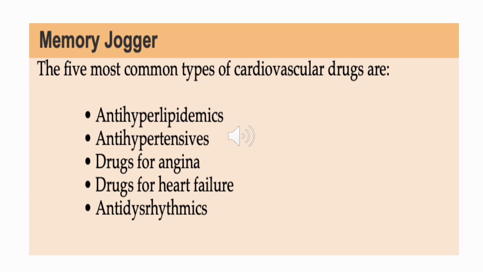The cardiovascular drug groups discussed in this chapter include cholesterol-lowering drugs, antihyperlipidemics, blood pressure-lowering drugs, antihypertensives, blood vessel dilators, known as antianginals, drugs to improve heart muscle contraction, positive inotropic drugs, and drugs to make electrical conduction through the heart more regular, antidysrhythmics.